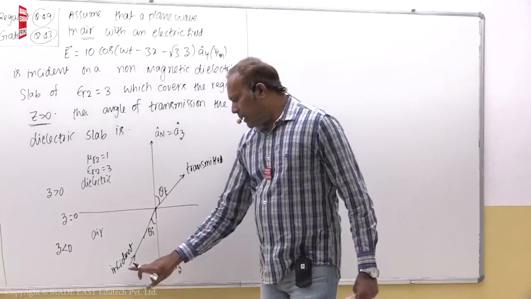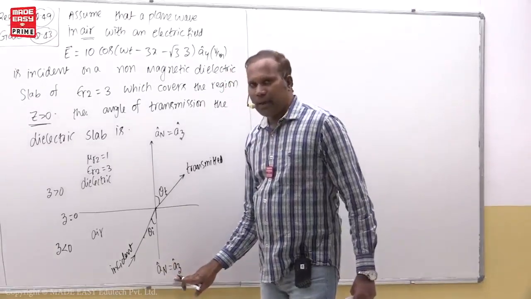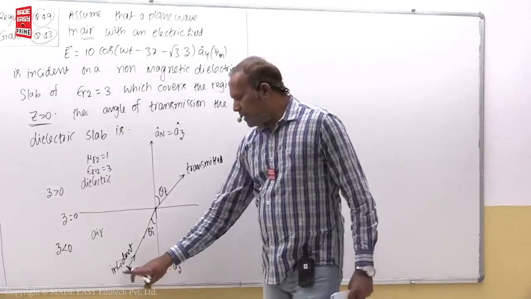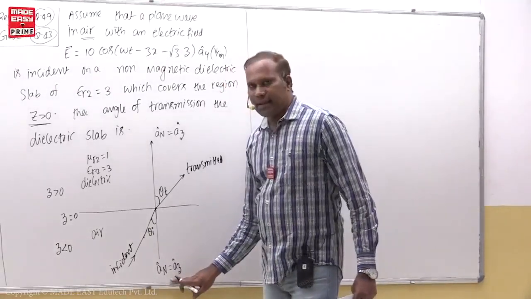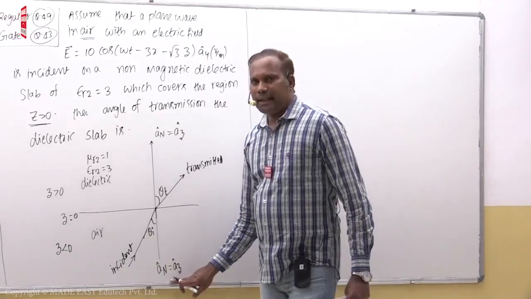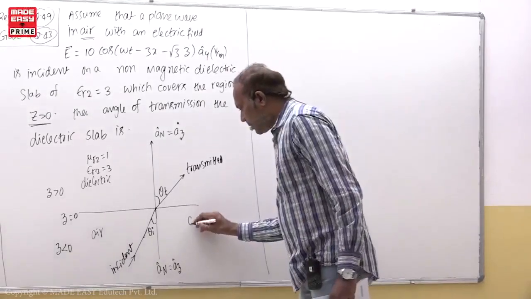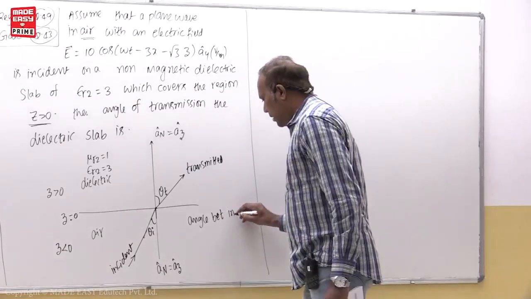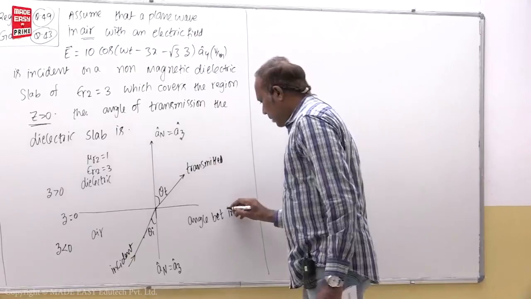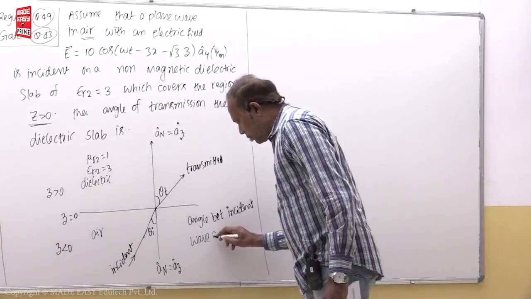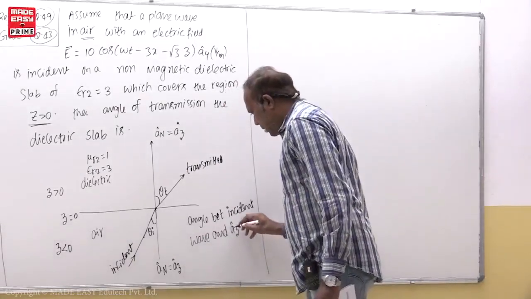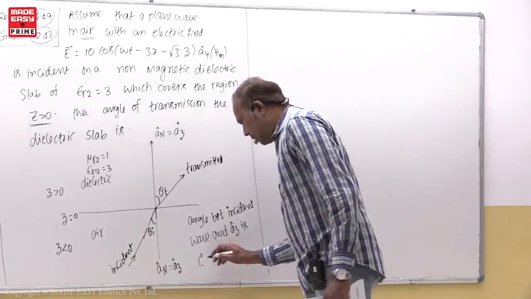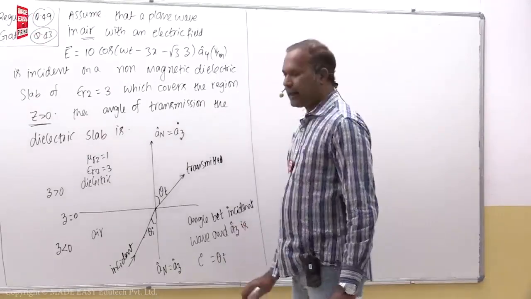Angle between incident wave and z axis is called c degrees in directional cosines. So, angle between incident wave and az cap is c degrees. That itself is nothing but theta I here, theta I.